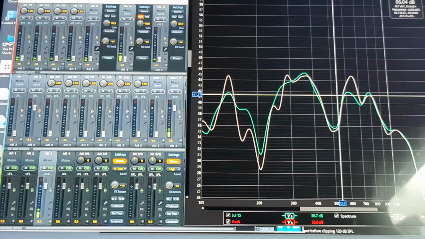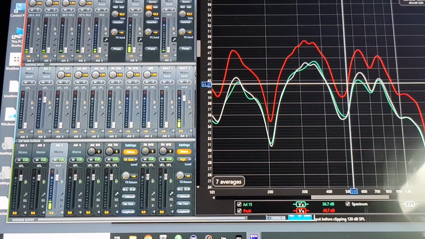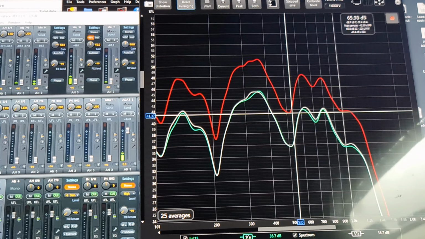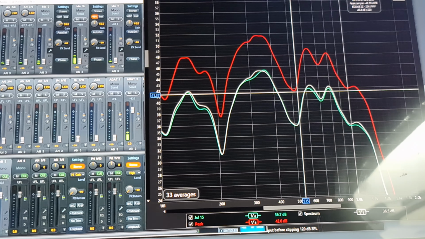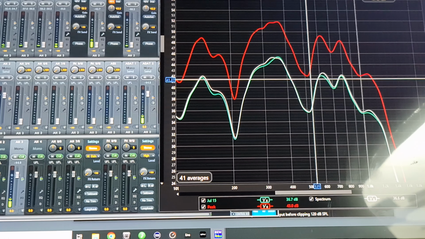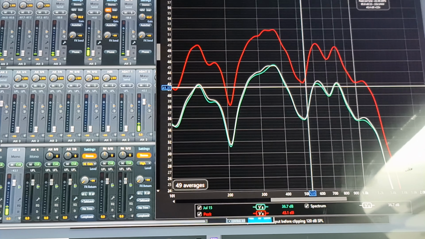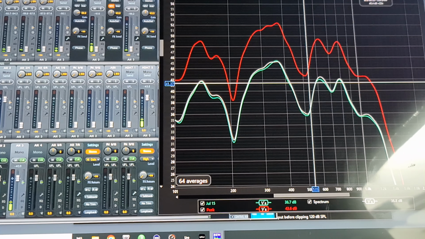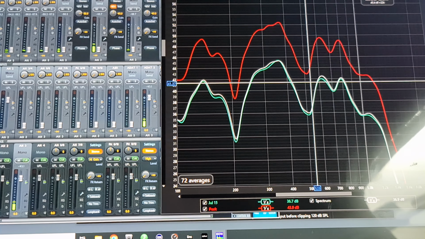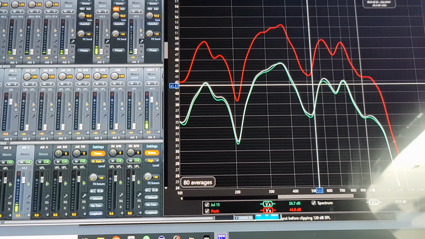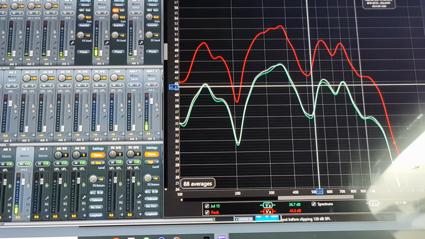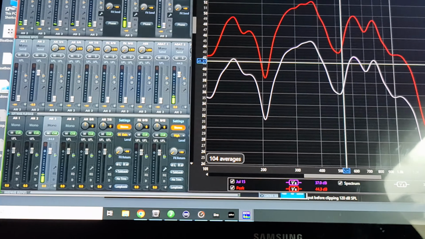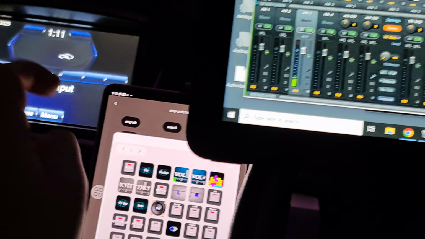Reset. A few tiny little differences there. Swap amps. Reset.